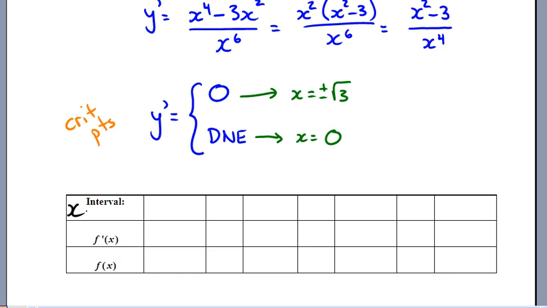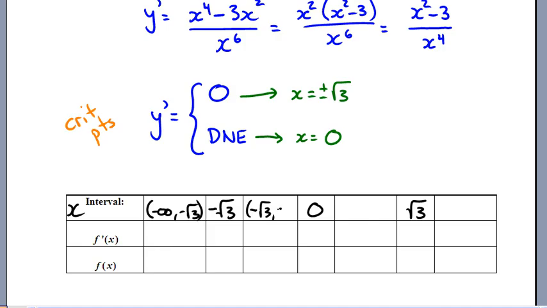So first row is always my x. I've got one cut at minus root 3, one cut at 0, and one at root 3. So what's left of my number line here? And then from 0 to root 3, and root 3 to forever. I'm doing this because I really want to see when this derivative is positive or negative.